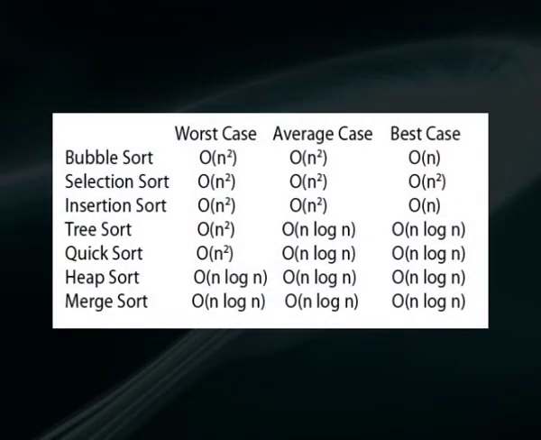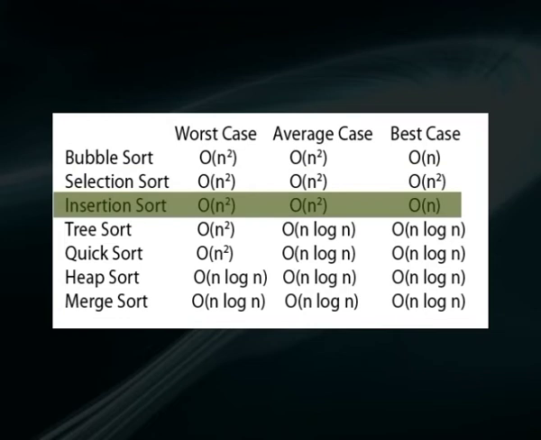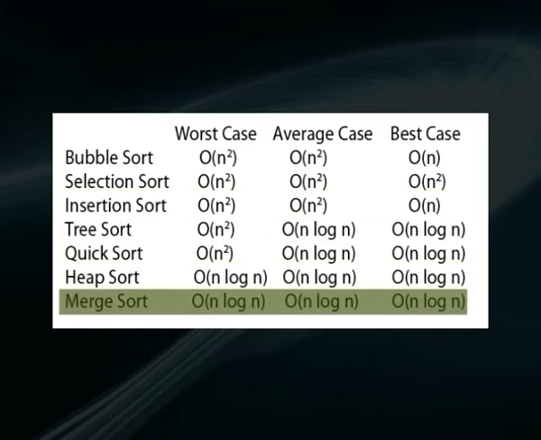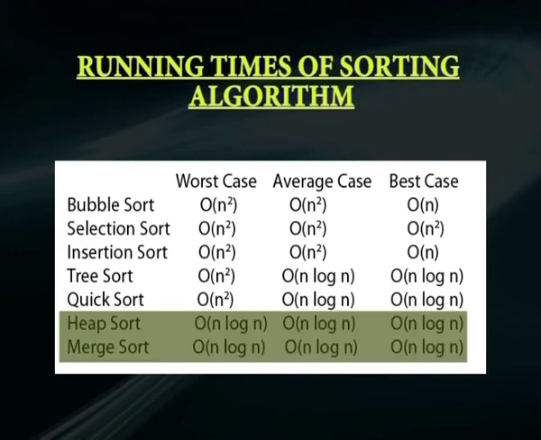As an example, the running times of some of the 6 most commonly used algorithms, bubble sort, selection sort, insertion sort, quick sort, heap sort, and merge sort are shown here. We can see merge sort and heap sort perform quite well on average and do not give bad results even in the worst case.